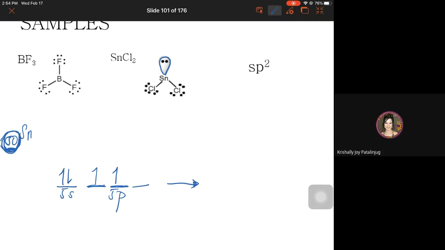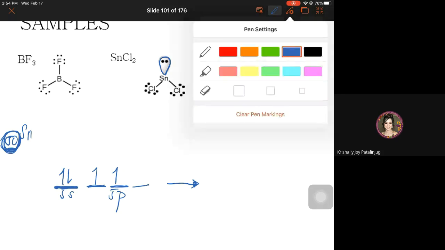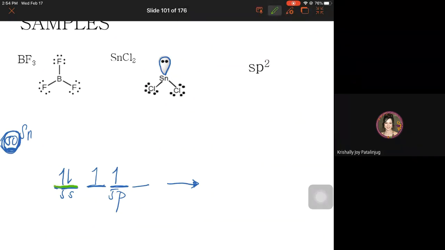Electrons always reside in an orbital. So we need three sets of orbitals. Mix 3: one S and two P, because we only need 3. And that will form sp2 again. One S, then two P, so P2.